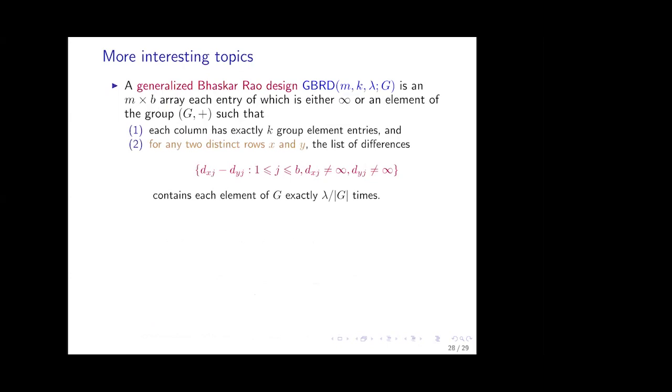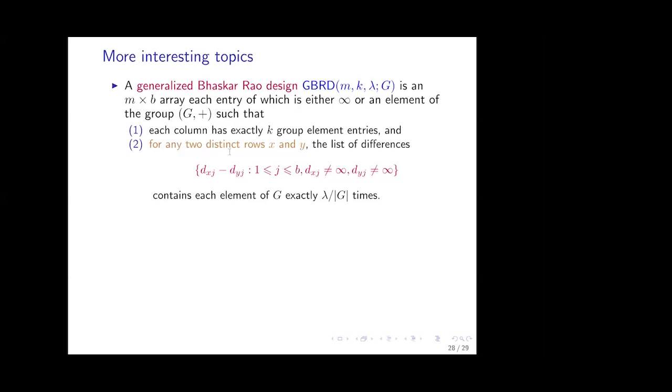Finally, I talk about another generalization of difference matrix, named a generalized Bose-Ray-Chaudhuri-style design, or generalized Bascar-Roll design. Bascar-Roll is a person's name. This design is an M by B array, each entry of which is either infinity or an element of the group, such that each column has exactly K group element entries.